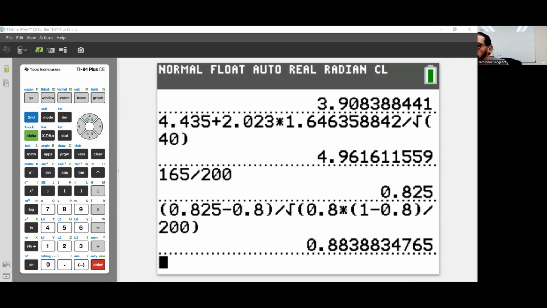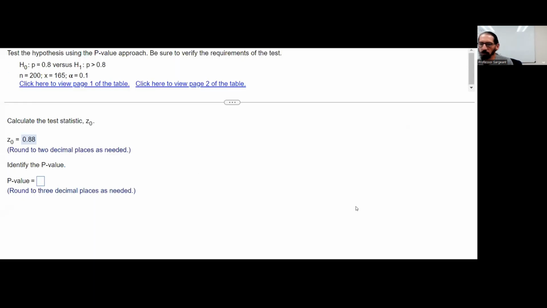Identify the p-value. Okay, so although we have the table, I want to show you something else here. What is the probability if the null hypothesis is true? If the population parameter really is 0.8, what is the probability we would have come up with this sample where we're getting a z-score of 0.88? It accepted 0.88.